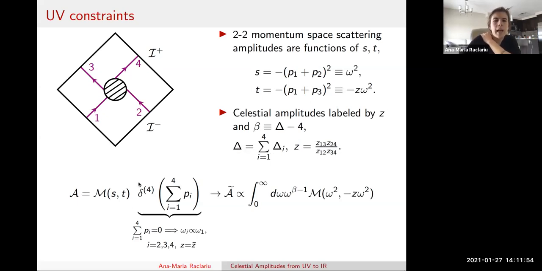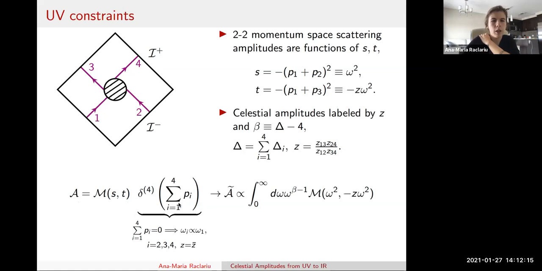Now, what is the precise relationship between the momentum space amplitude, which is a function of S and T, and the celestial amplitude? Well, that can be found by starting off with the momentum space amplitude and performing this Mellin transform. In this case, the momentum conserving delta function is pretty constraining.